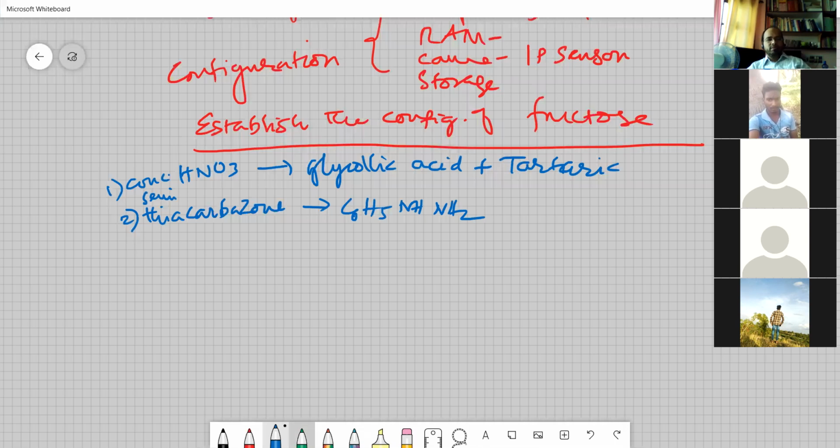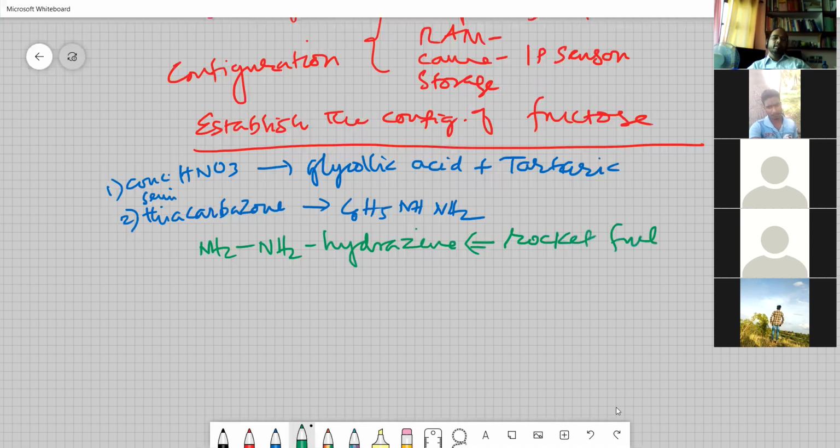I'll give a special mention to this NH2NH2. It is called hydrazine, and it is used as a rocket fuel. So just one hydrogen is removed and you are adding C6H5, and then you call it semithiocarbazide.